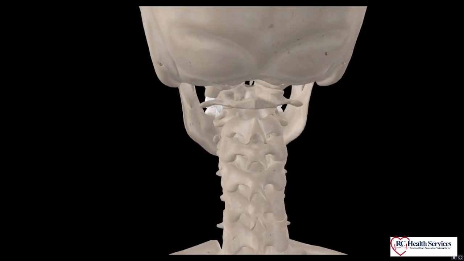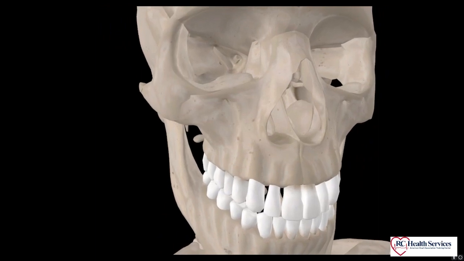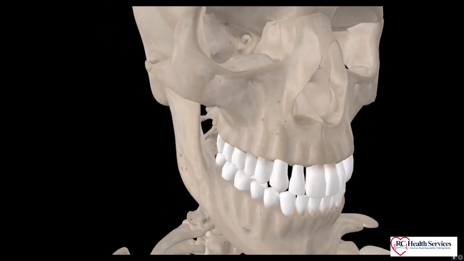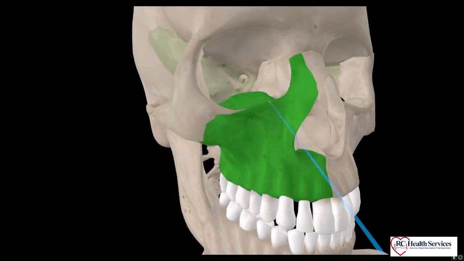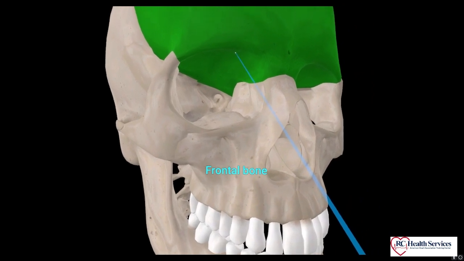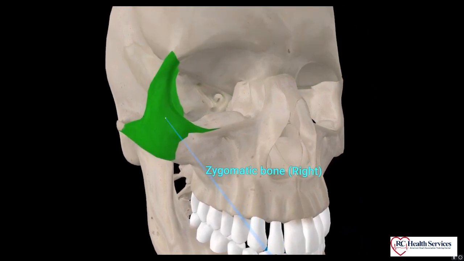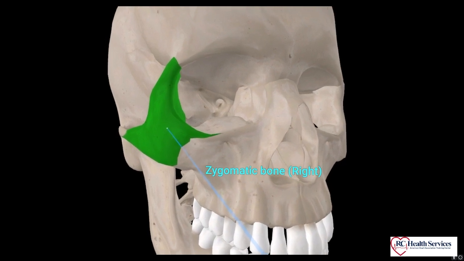The face itself is also made up of various different bones. The eye orbit is made up of the frontal bone, and we have the zygomatic bone, which is kind of the cheekbone, the apples of your cheeks.